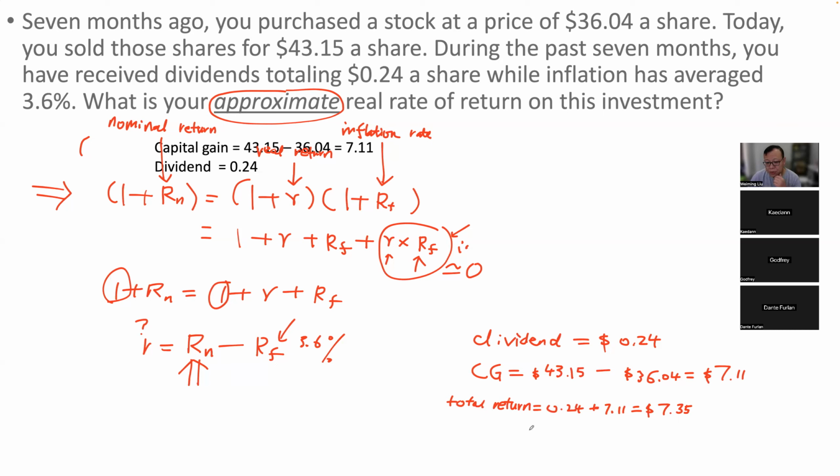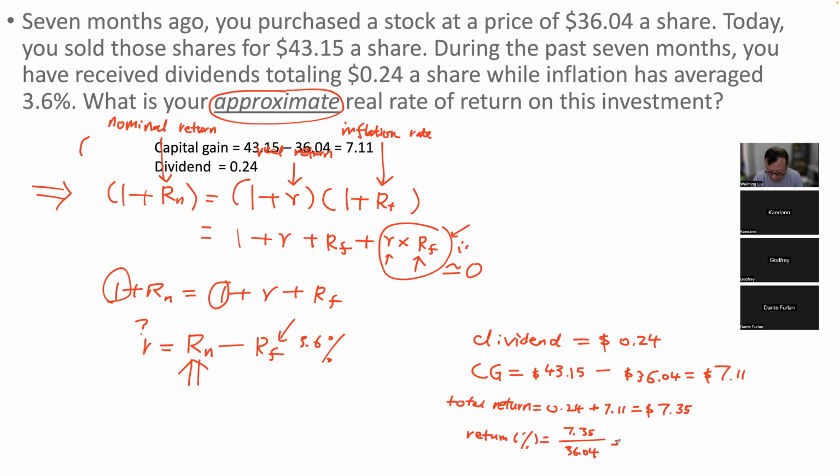So when I'm thinking about my return in percentage, this dollar amount refers to the initial purchasing price. So you get $7.35 out of your investment of 36.04. So let's see if his number is correct. Let me do this.